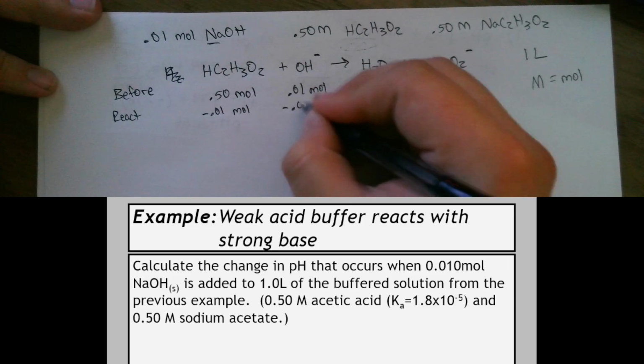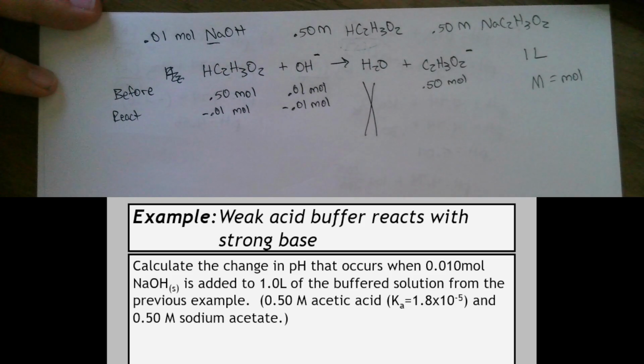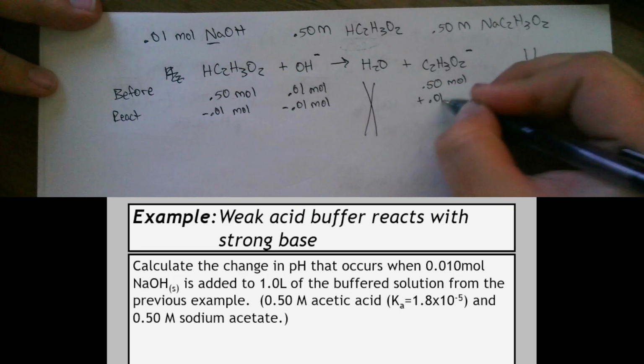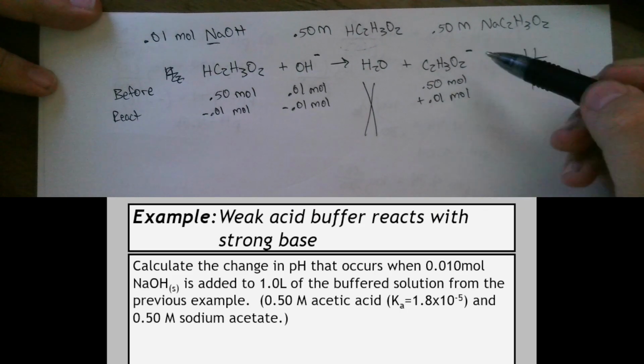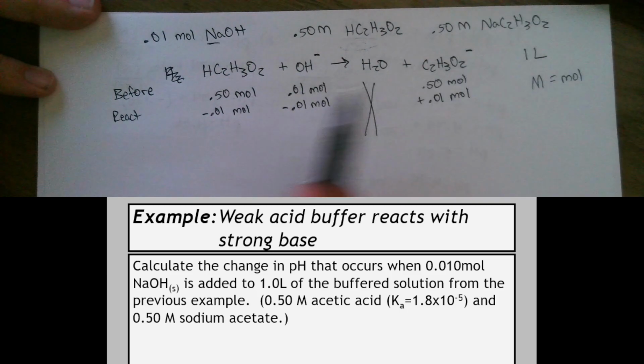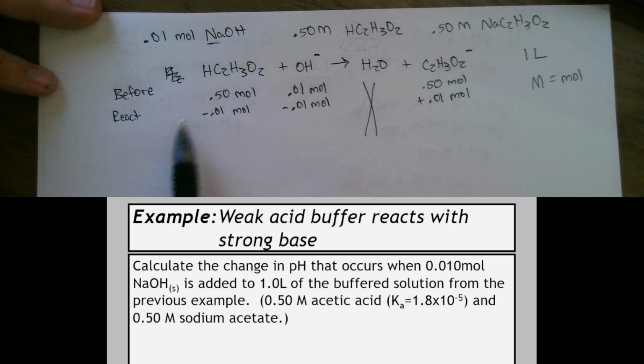So I'm going to lose 0.01 moles of OH minus. They're going to produce 0.01 moles of my product, the acetate ion. This kind of looks like an ICE table, but this is just what's happening in my reaction. I'm losing 0.01 moles of both of these because they're being neutralized, and I'm gaining 0.01 moles of acetate.